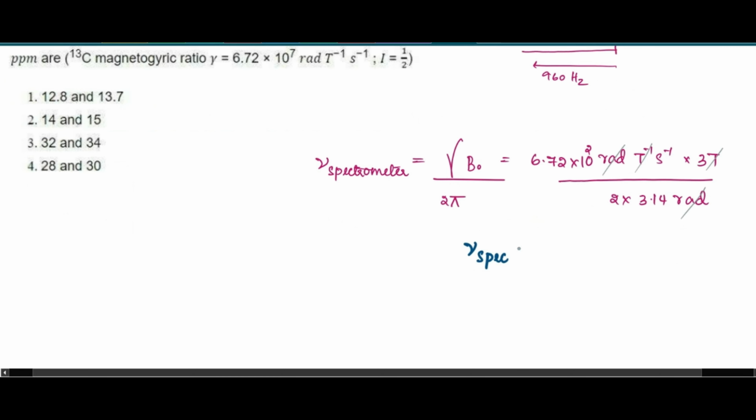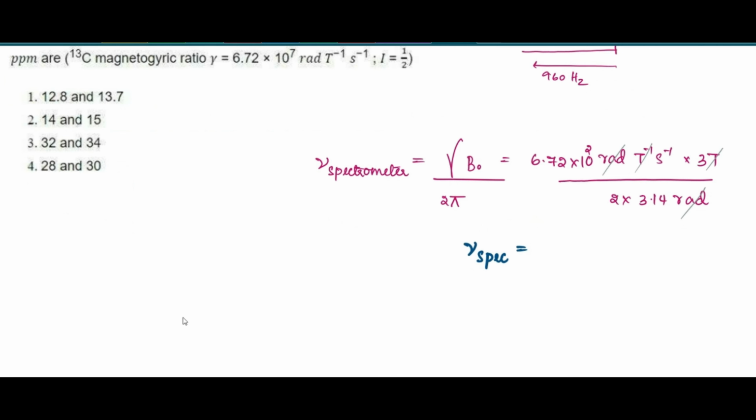Frequency of the spectrometer is 6.72 into 3 divided by 6.28. That is 3.21, and here there is a 10 to the power 7. Okay.